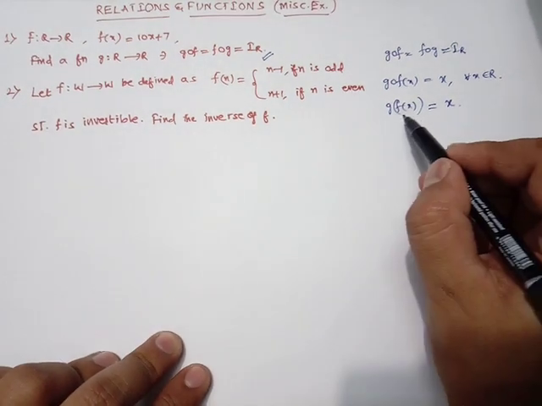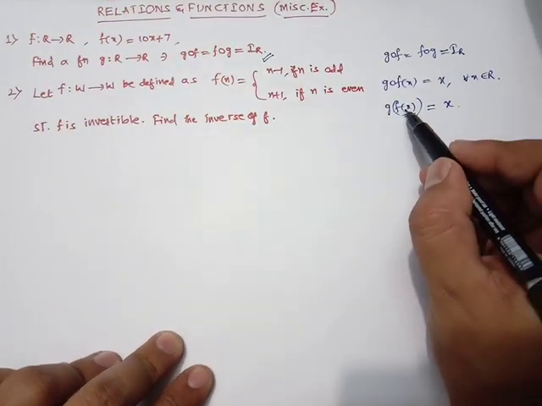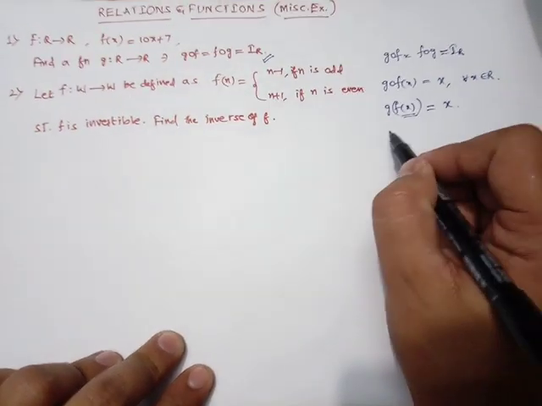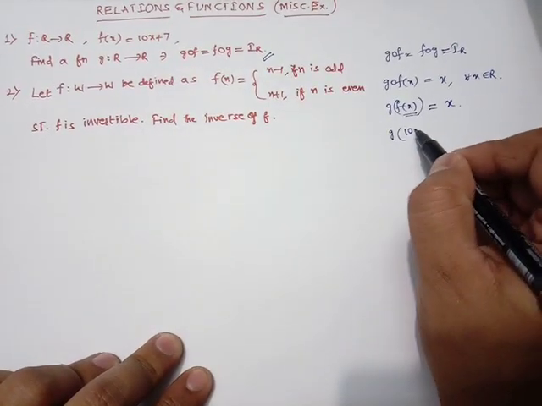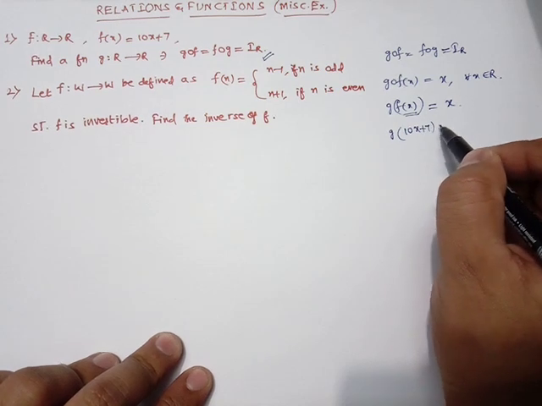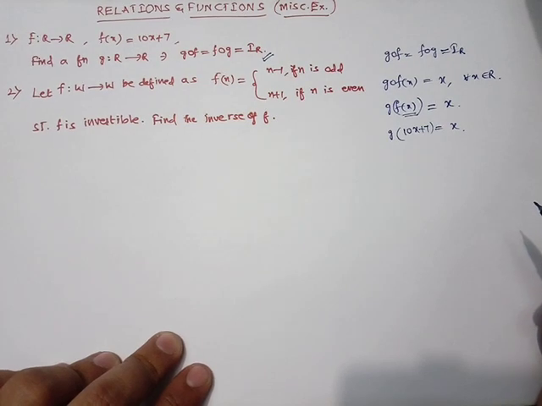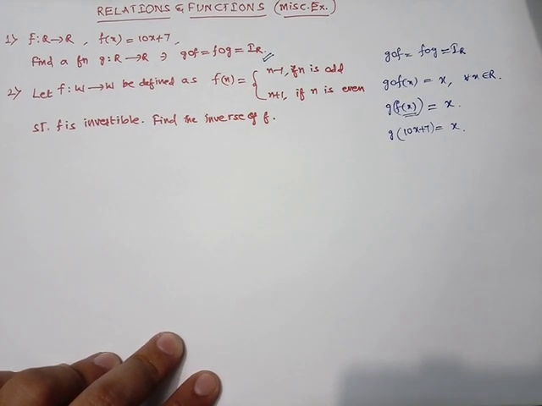What is your f(x) value? f(x) is already given as 10x + 7. So g(10x + 7) should be equated to x.